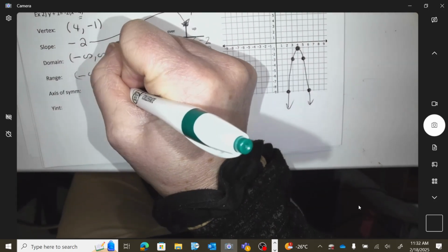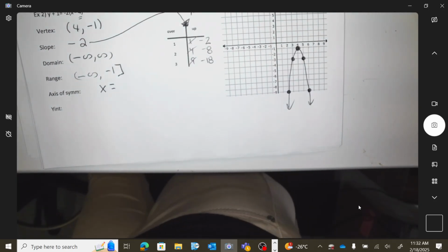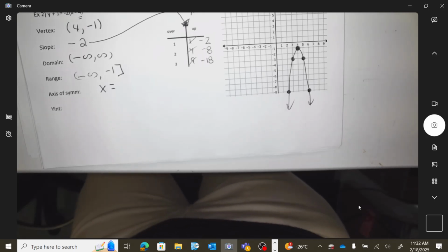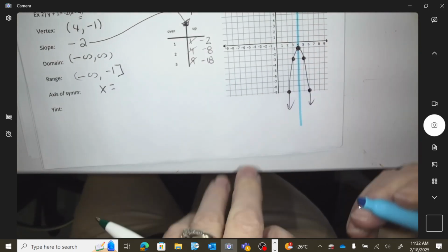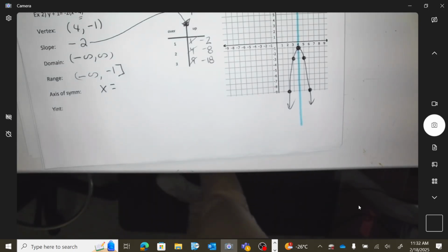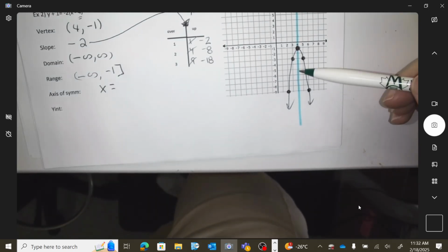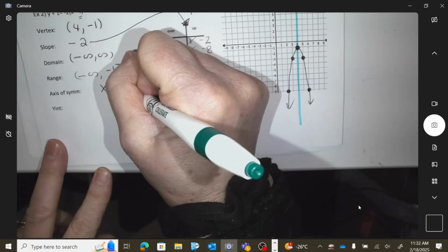Axis of symmetry, x equals. And if I could cut this in half, I would go x equals what value everywhere on that cut line? What's the x value going through? 4.